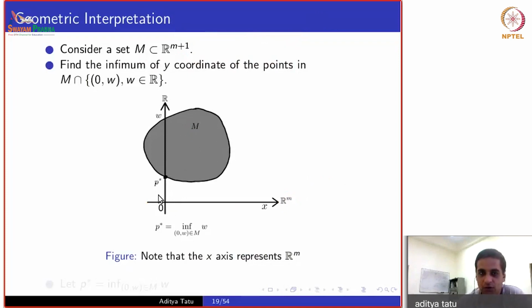So you can see here M intersection the y-axis, and I want to find the infimum of the y coordinate. What is that going to be? It's shown in this picture. It's P star, this number.